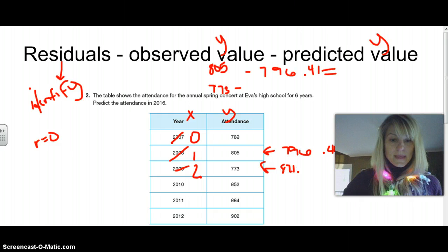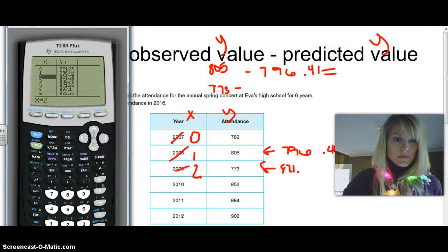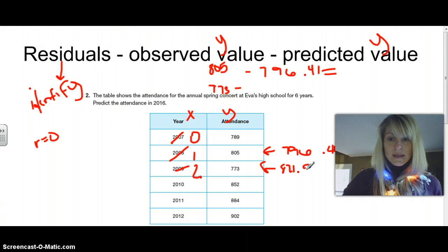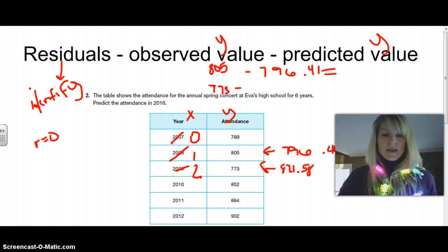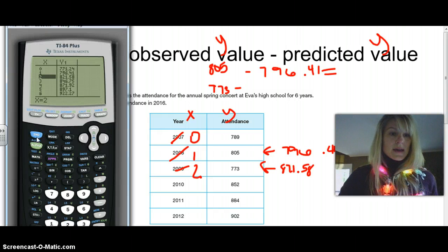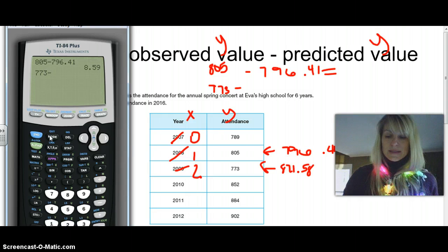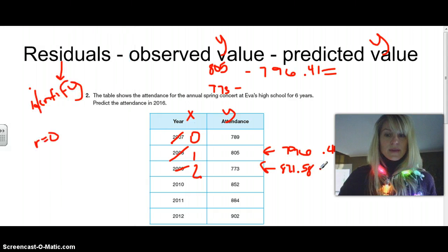What was it? 821.58. Okay. So again, I want to take my observed value of 773 and subtract the predicted value, so this would give me 773 minus 821.58, and we get a negative 48.58. Okay.